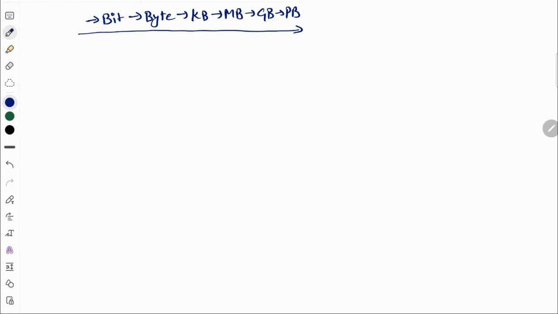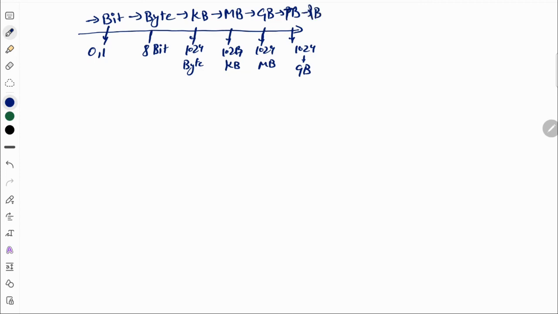This is the ascending order. 8 bits in a byte, 1024 bytes, 1024 KB, 1024 MB, 1024 GB, then 1024 TB.